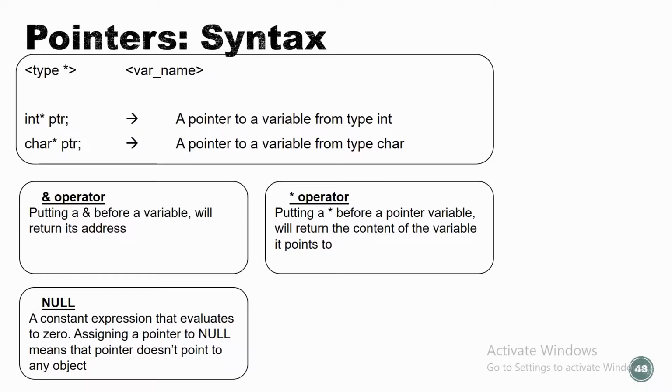So it's a good practice to initialize pointers with NULL. That way we are saying we're not yet putting any actual value into it, but we do want to give it some kind of initializing value. So we put NULL into it.